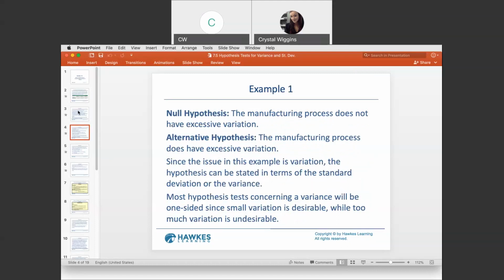So the null is that the manufacturing process does not have excessive variation, and the alternative is that the manufacturing process does have excessive variation. Since the issue in this example is variation, the hypothesis can be stated in terms of the standard deviation or the variance. Most hypothesis tests concerning the variance will be one-sided since small variation is desirable, while too much variation is undesirable.